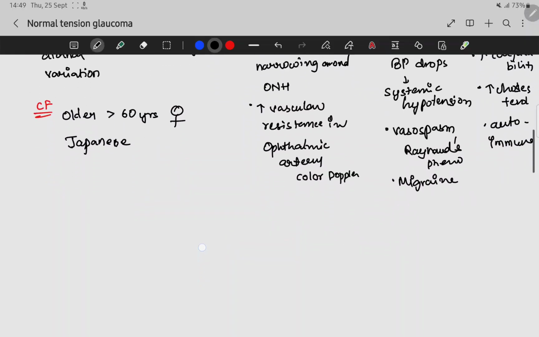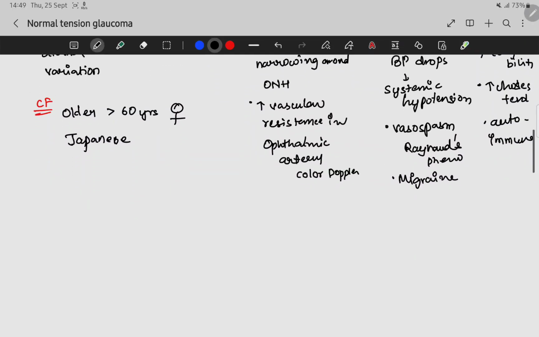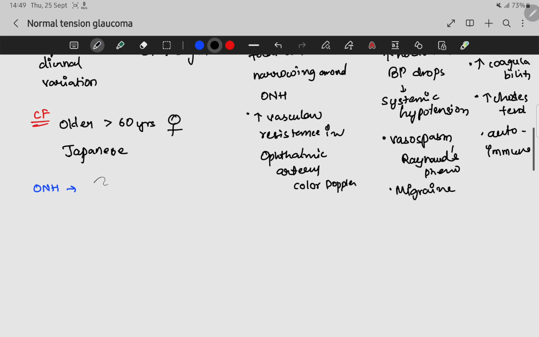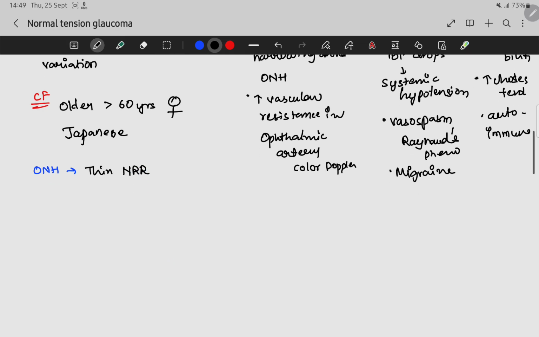On checking the visual fields and optic nerve head evaluation, we can find a thinner neuroretinal rim, especially inferiorly. There can be optic disc hemorrhage and retinal nerve fiber layer defects.